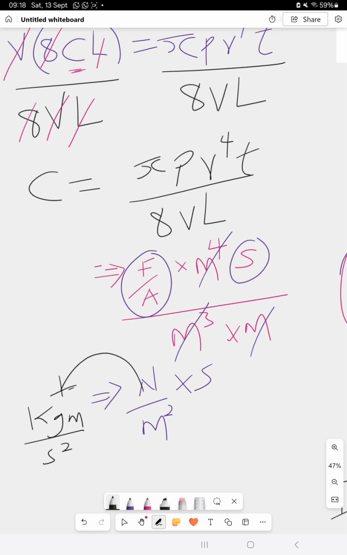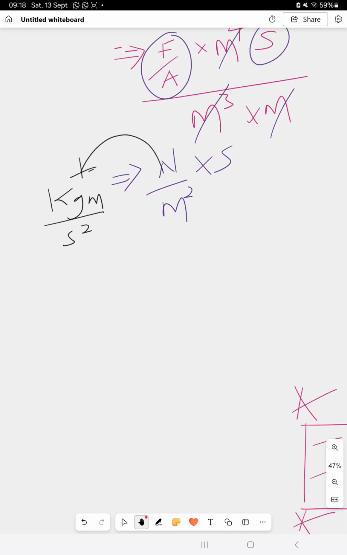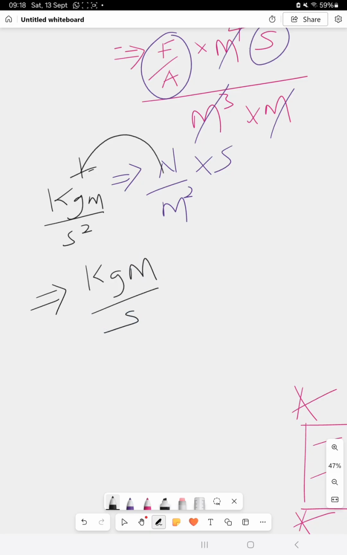That is for Newton. So if I substitute, I'll have kilogram meter over S squared, over S squared.